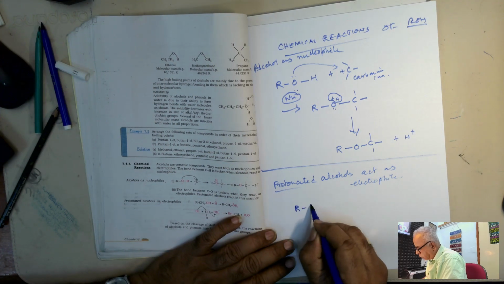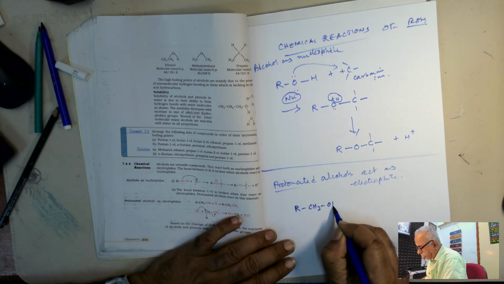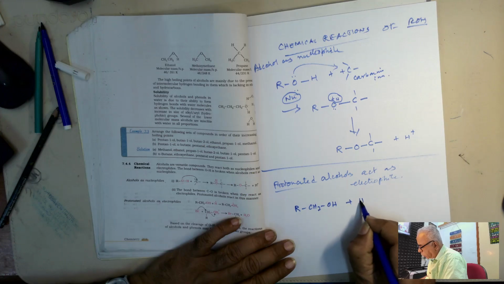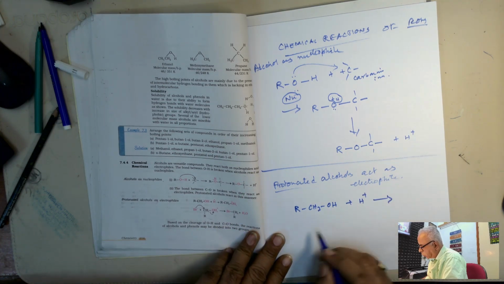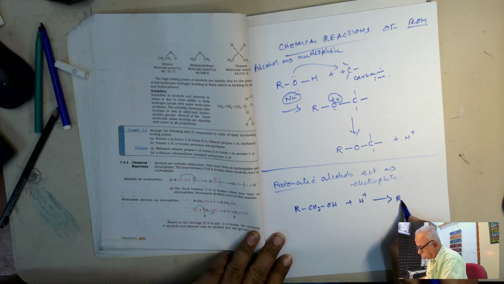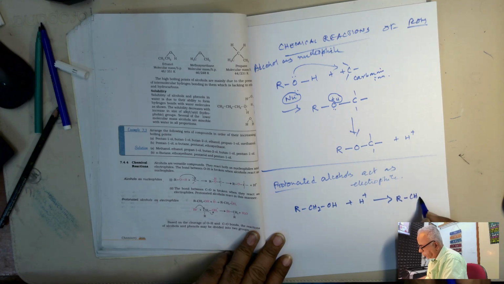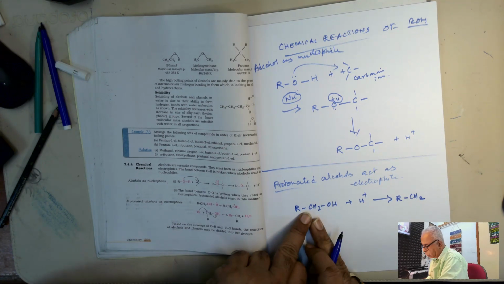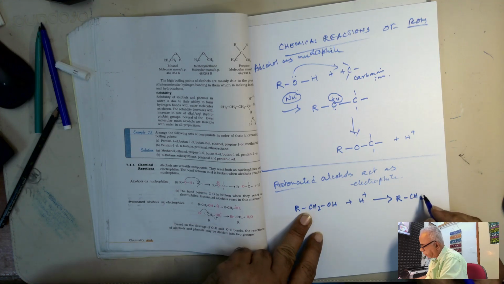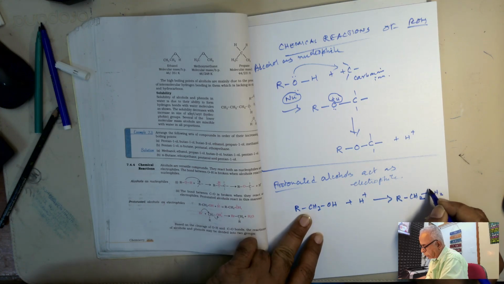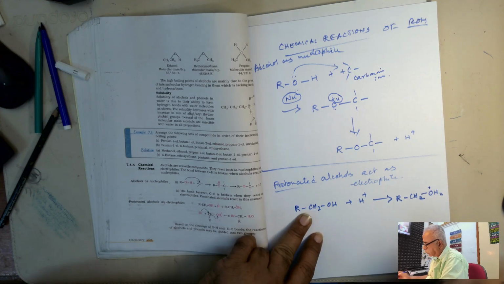We have RCH2OH and the proton attacks. So it becomes what? RCH2, and then H plus comes here. So it becomes RCH2OH2, and in this case, plus.